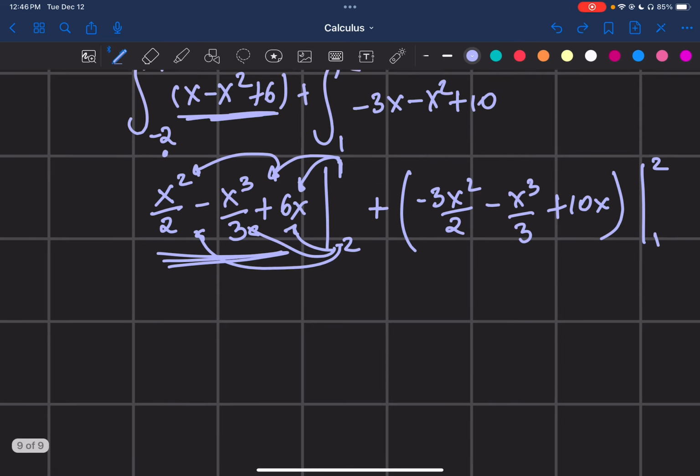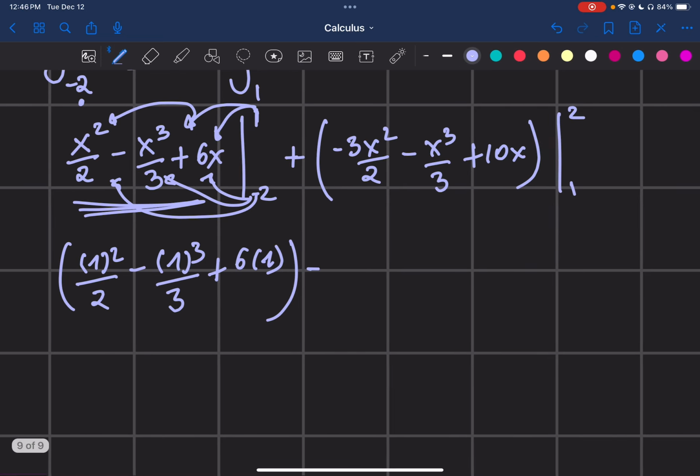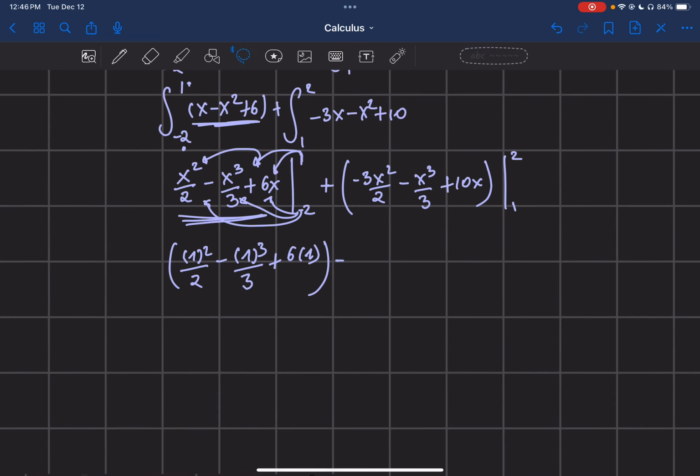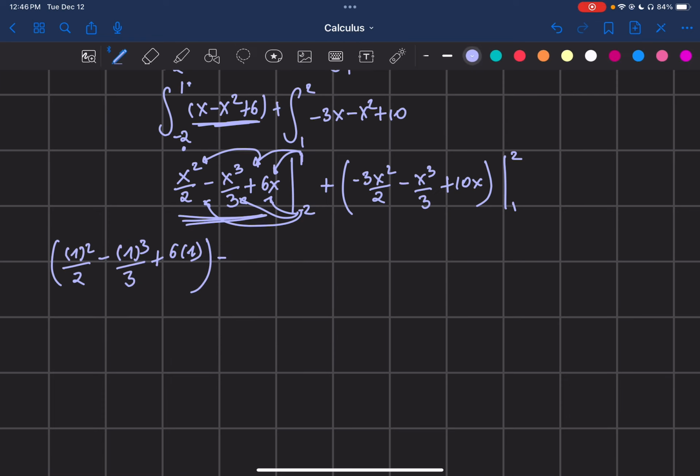My upper bound is 1. So I have 1 squared over 2 minus 1 cubed over 3 plus 6 times 1. This whole thing minus, I'm going to shift this a little bit to the side so I have space there. Okay, let's continue.